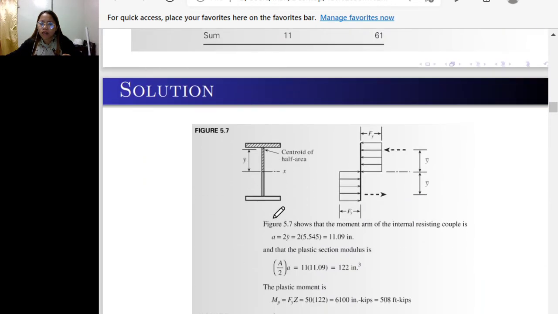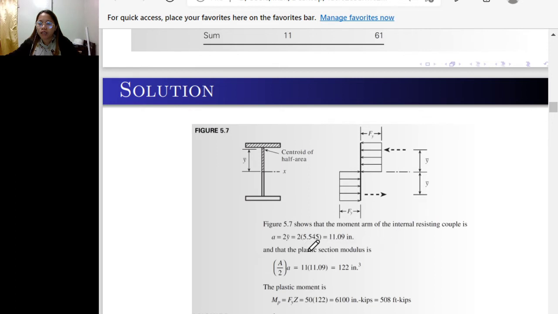So the same value of your y bar. The figure above shows that the moment arm of the internal resisting couple is twice of this centroid from the neutral axis. So 2 times 5.545 is 11.09 inches.